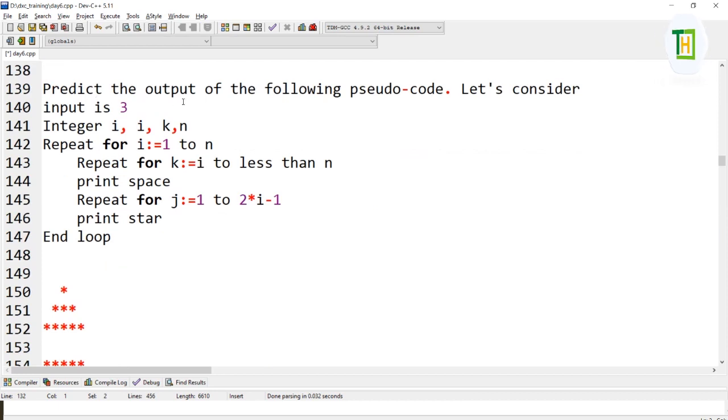Again, predict the output of the following pseudocode. Let us consider the input is 3 here, and it is repeating for 2 loops here.